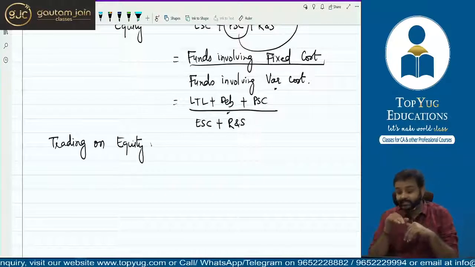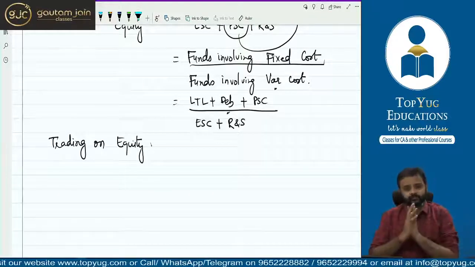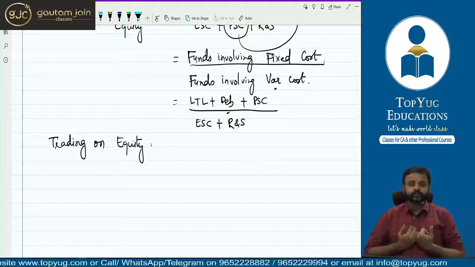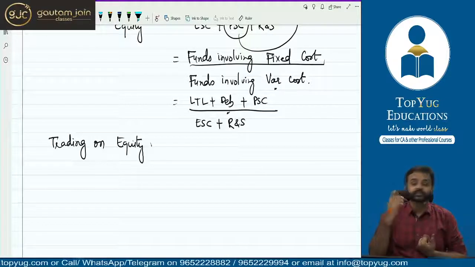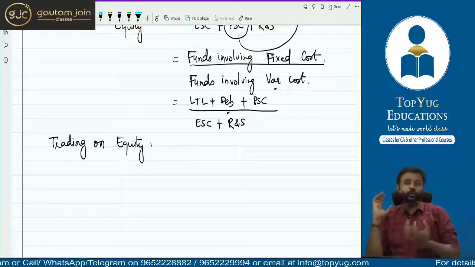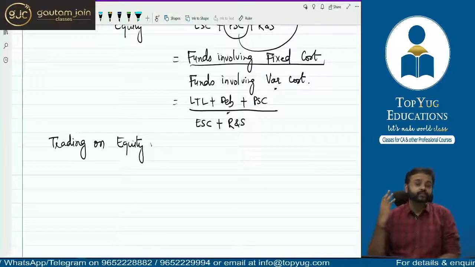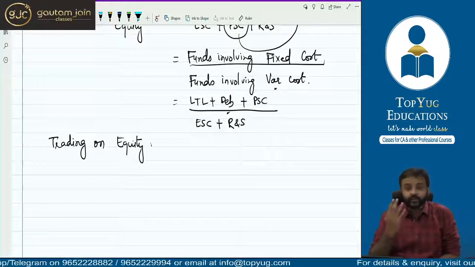That means use lesser equity shareholders' funds and give them more returns. See, take more from the outsiders and generate more and more returns for the equity shareholders. That's trading on equity. That means you're doing trading with the borrowed funds and generating more returns for the equity shareholders. Sir, this means we are taking a higher risk because we are going for more debt.